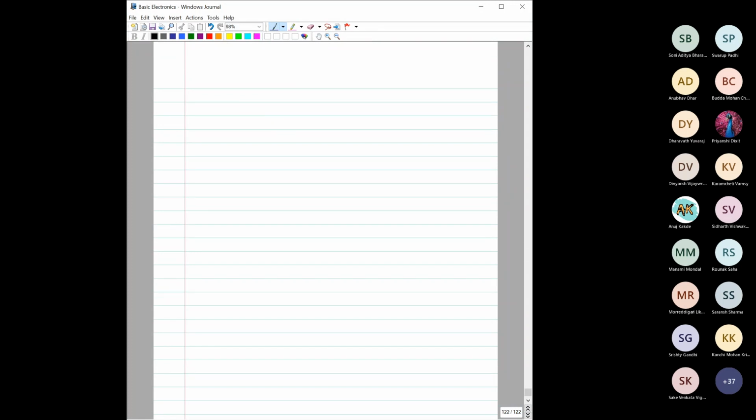So here we will now have some discussion on these NAND and NOR gates, and we'll see how useful these gates are.